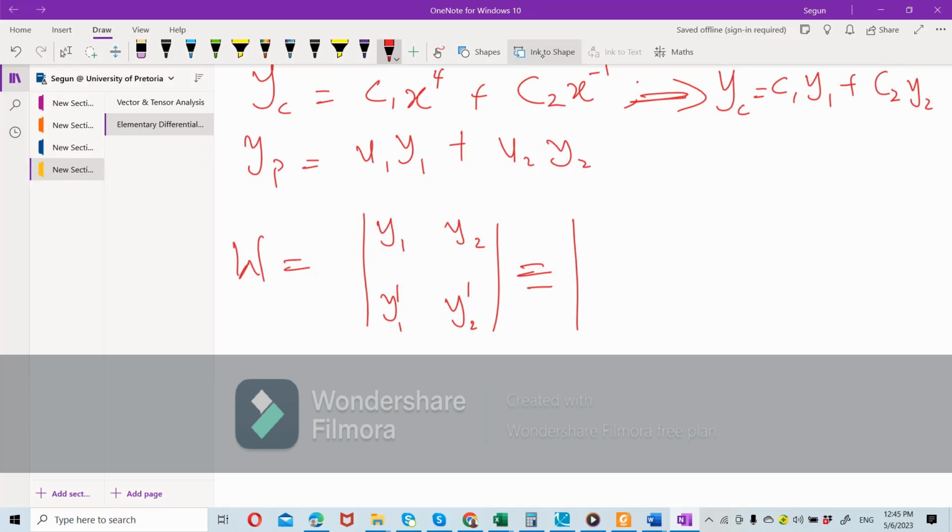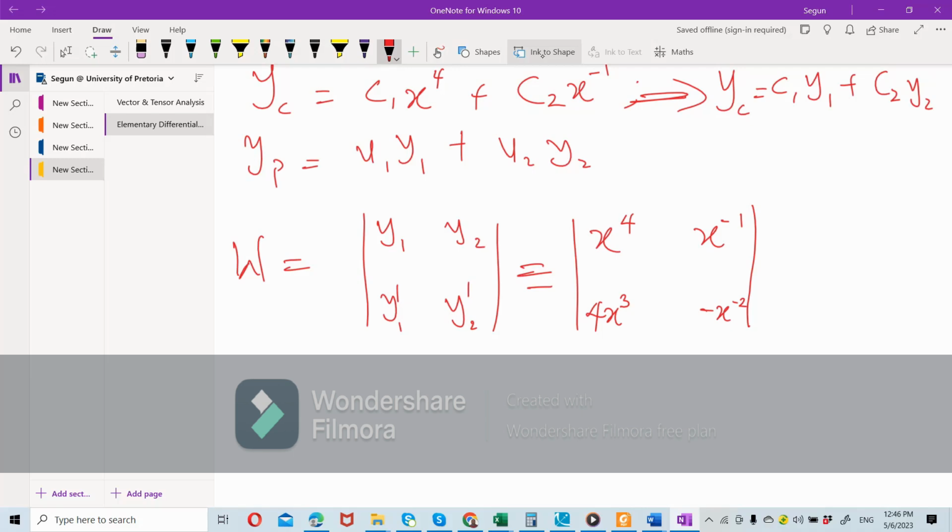Somebody should tell us. S raised to power 4 and s raised to power minus 1. Then if you differentiate y1, what do you have? 4s raised to power 3. If you differentiate this, what do you have? Minus s raised to power minus 2.